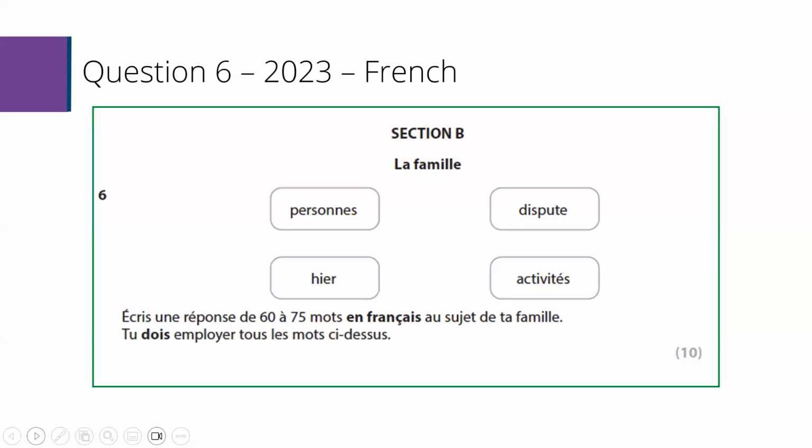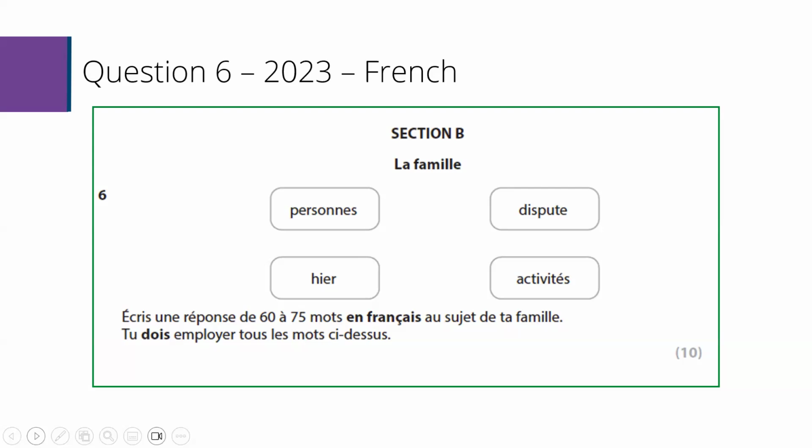So let's have a look then. So question 6, and here we're told 60 to 75 words. Write a response of about 60 to 75 words in French on the subject of your family. You should use all the words above.